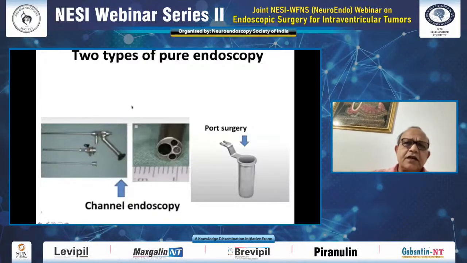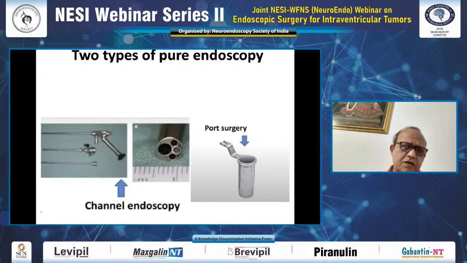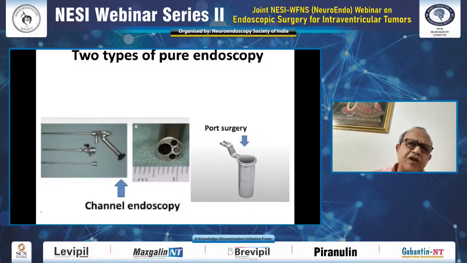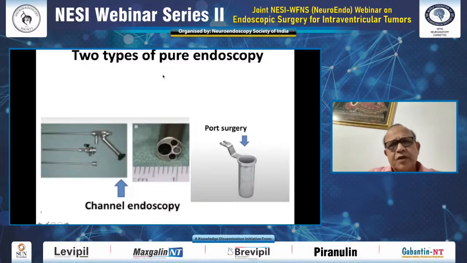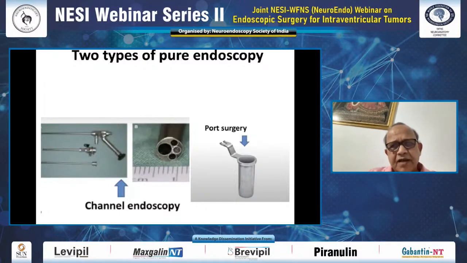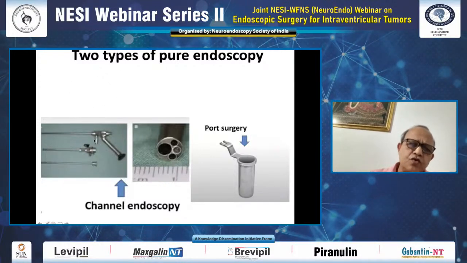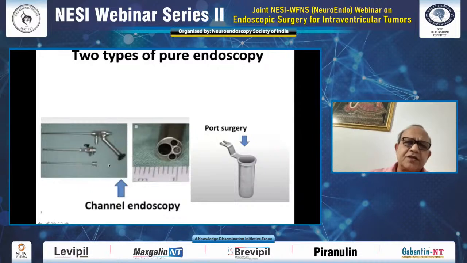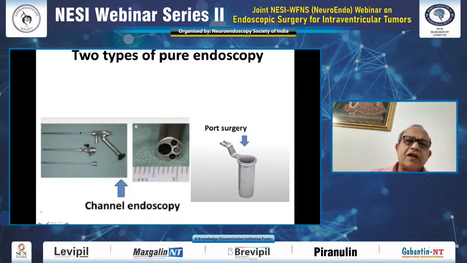Now, regarding the endoscopy, the beginner may get confused because sometimes we talk about how a lesion less than 2 centimeters should not be approached by endoscopy. It is true, but it is limited only when you use channel endoscopic surgery. That means when you are passing instrument through the working channel.